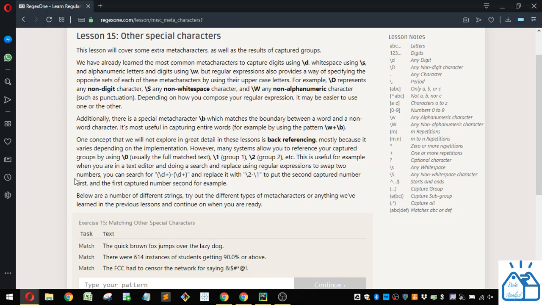You can search for any digit, one or more, with the plus, so this is a group, and then there's a dash, and then any digit, one or more. And then you could replace, so you could swap the two. You'd swap this one to the front and this one to that position to put the second captured group number first and the first captured number second, for example.